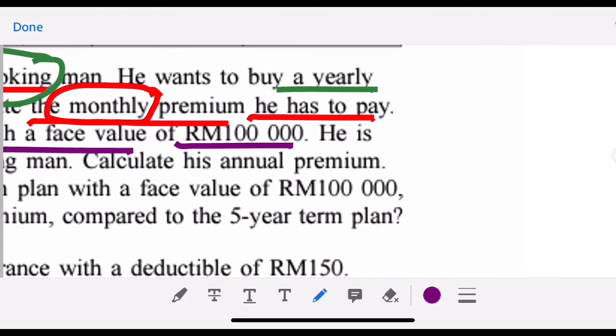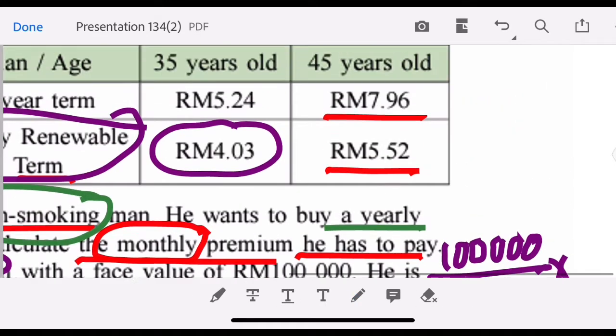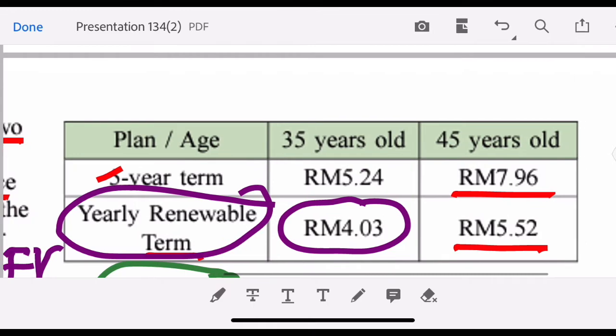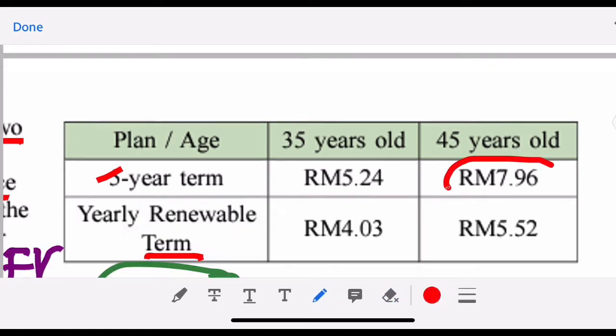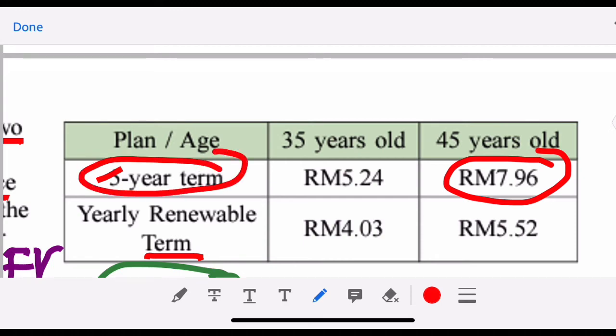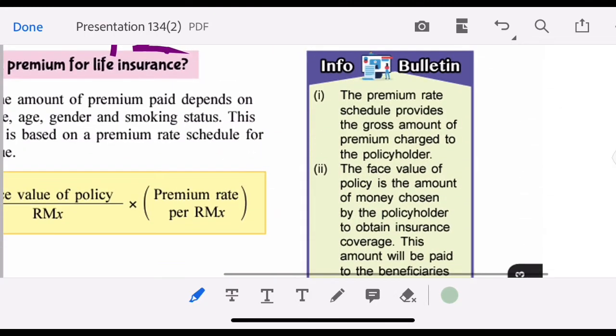So how to calculate is, we take 100,000, which is face value, per RM 1,000 times the rate that we need to get from the table, 5-year term, right? 45 years old, right? So we will choose which one? We will choose this one, right? 5-year term, 45 years old, so it's 7.96.